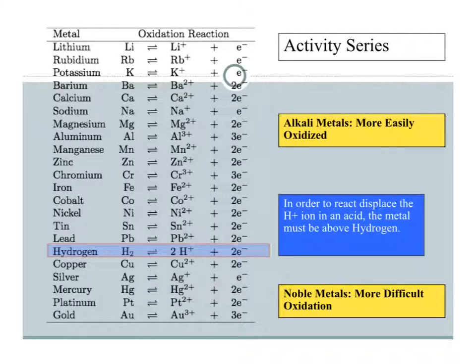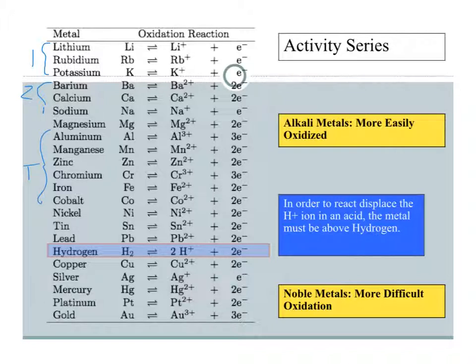So here you can see that the alkali metals are more easily oxidized. If you notice, these top three are group 1, and then we do have another group 1 in here, but then these others are group 2. All right, and then you get into your transition.